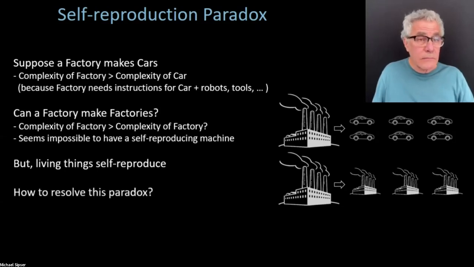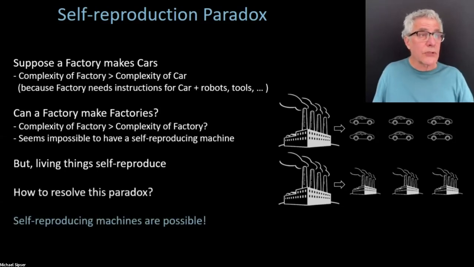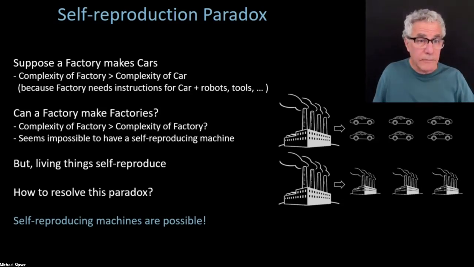Well, in fact, it is no paradox, because it is possible to make a machine that self-reproduces, that makes copies of itself. And this has been known for many years. Probably it goes back to von Neumann, who wrote a famous paper on self-reproducing machines. Okay, so self-reproducing machines are in fact possible.